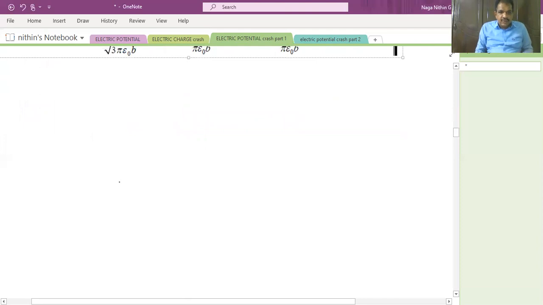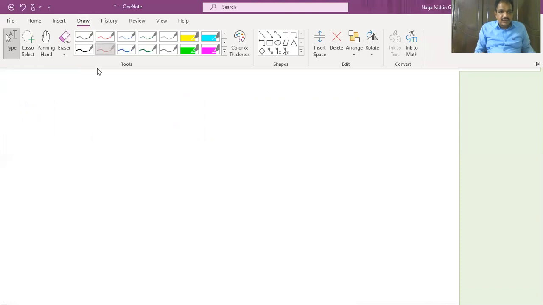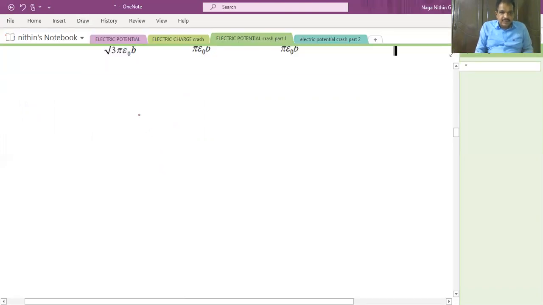So draw a cube for your understanding. There is a cube like this.